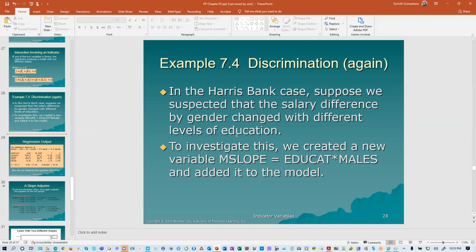Interaction terms come into the picture, and under the variable selection procedures, we talk about multicollinearity and then how to pick the best model.